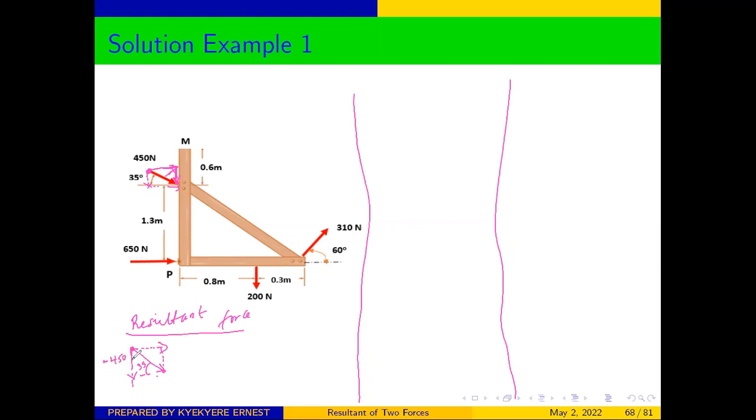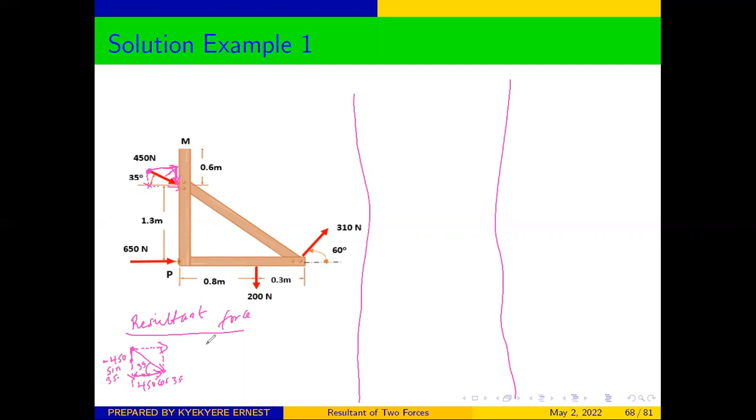And you can see that the angle is facing this side, so negative 450 sine 35. And our X component will be this side. We said that from here you'll be moving this direction, which is positive in this direction. So our X component, you can see that it is adjacent to the angle. It will be 450 cos 35.